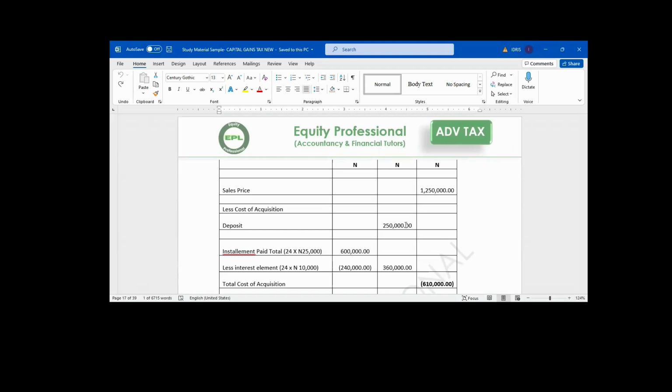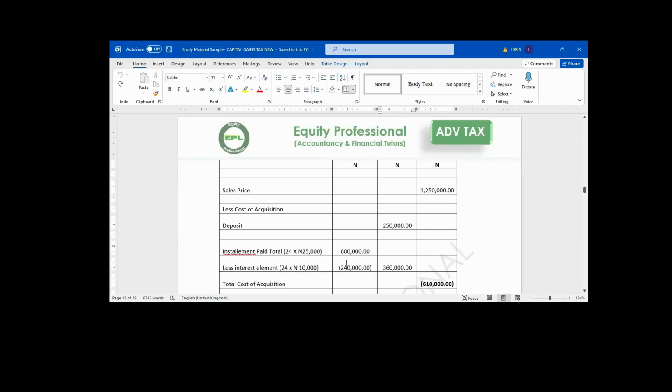First and foremost, he pays a deposit of 250,000. The installments he has paid are 24 times 25,000, which is 600,000, less the interest element, 24 times 10,000, which is 240,000.